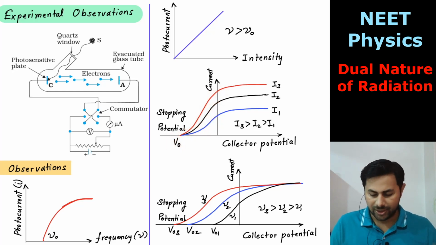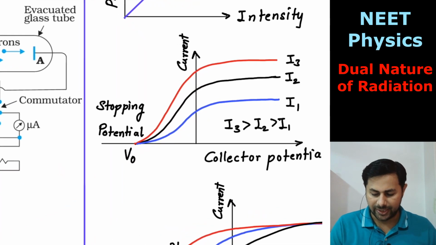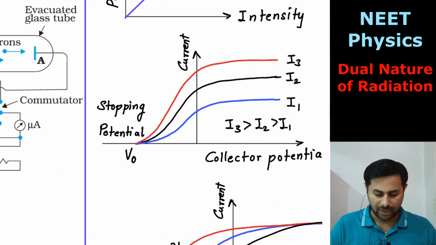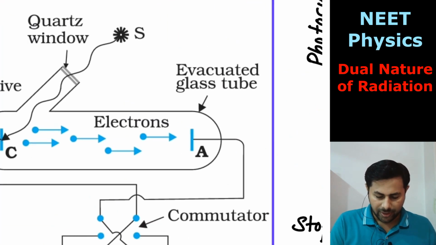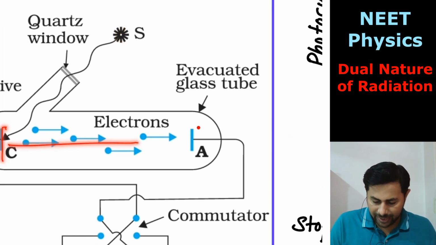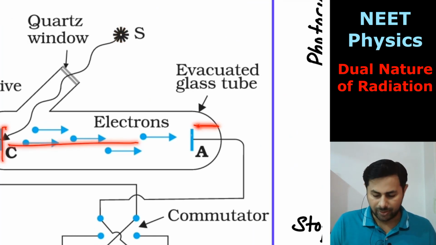What does it mean? Whatever the intensity of light, it doesn't matter. If the frequency is the same, if you don't change the color of light and just change the intensity, then the electrons stop at the same negative potential of the anode.